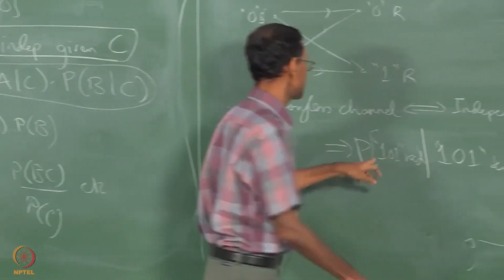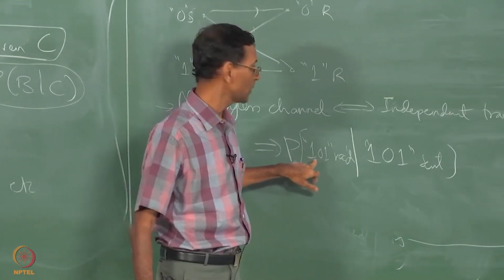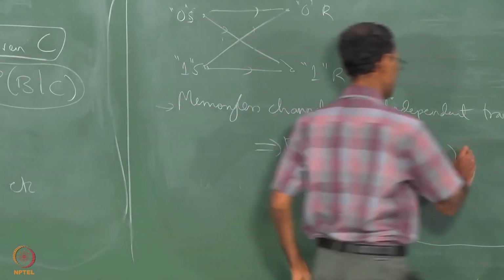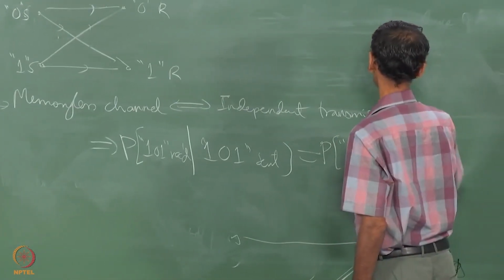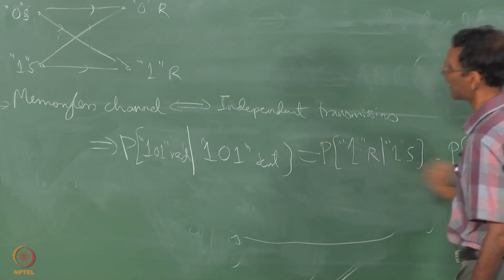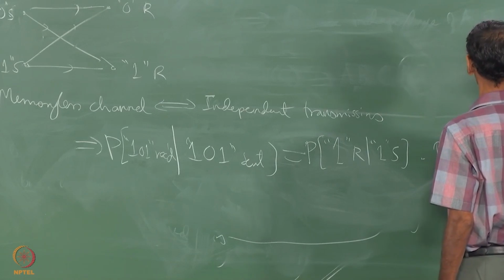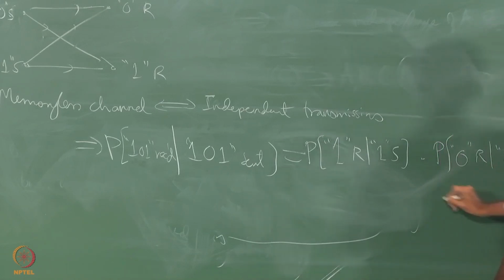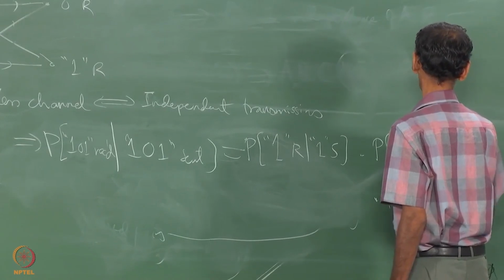Receiving, in this case, three events I am talking about, three different transmissions. So this would be the probability of 1 received given 1 sent, multiplied by the middle one, which is 0 received given 0 sent, and then again another 1 received given 1 sent.